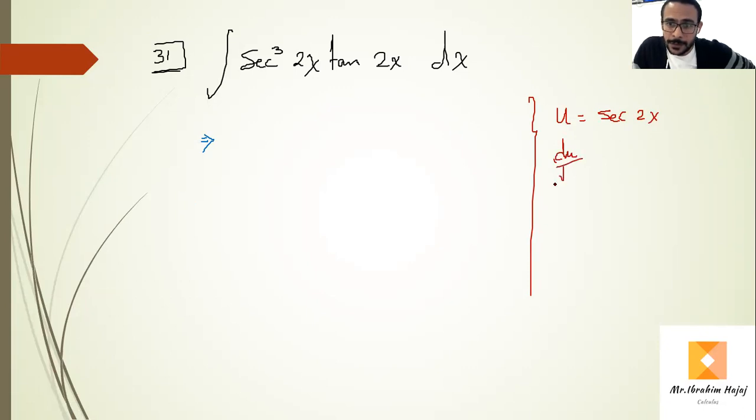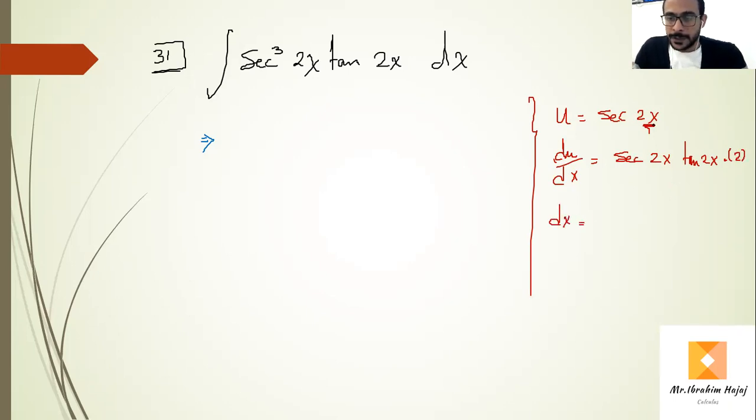Let's try. Okay, du over dx equals. So now du over dx is equal to secant 2x tan 2x. This is the derivative of secant that we took, but here the function is 2x, so we multiply by the derivative of the inner function, meaning the chain rule.